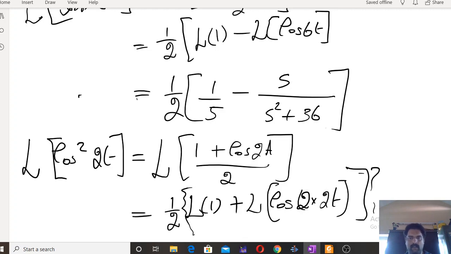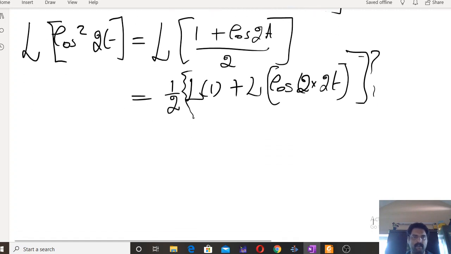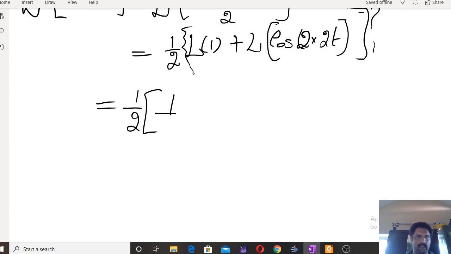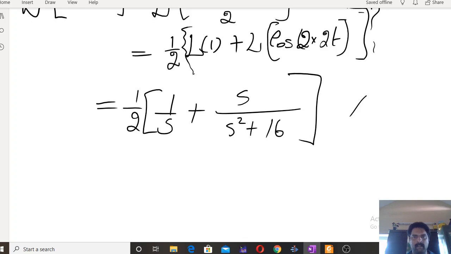We know that the Laplace transform of 1 is 1 by s, and the Laplace transform of cos 4t is s by s square plus 4 square, that is 16. So that's that.